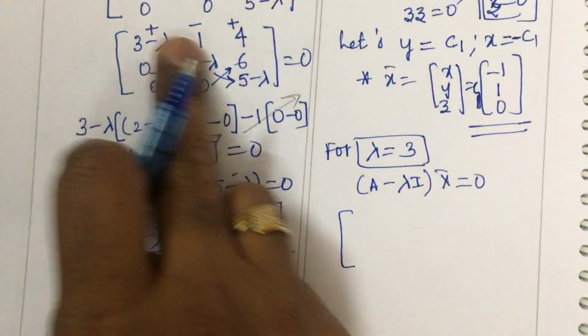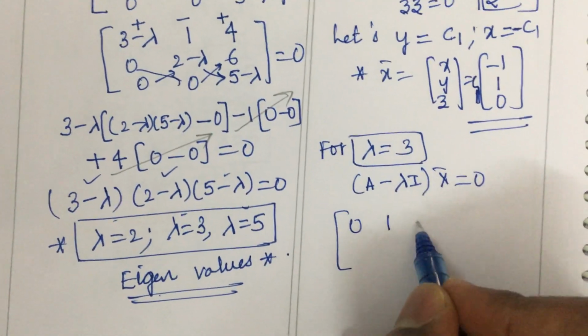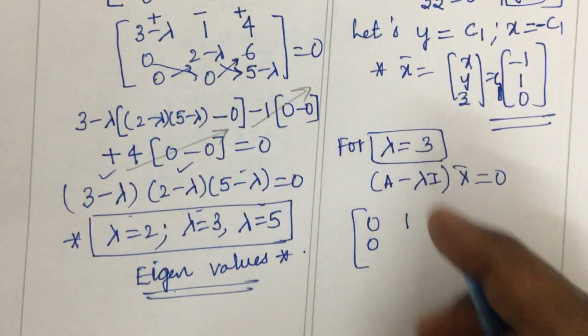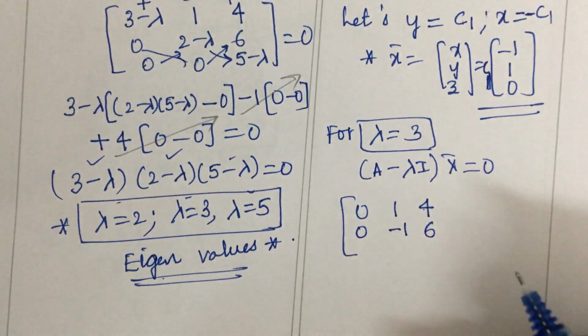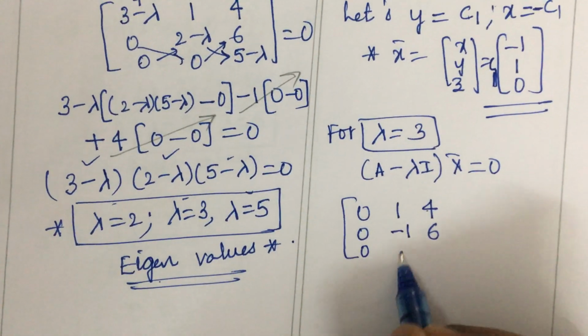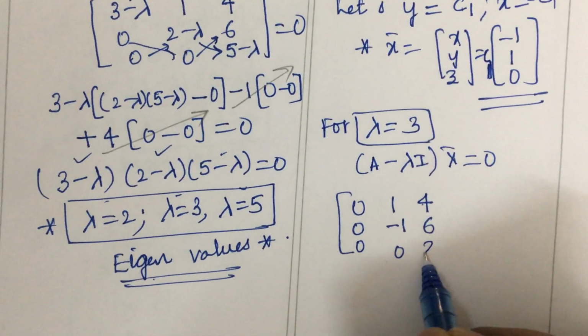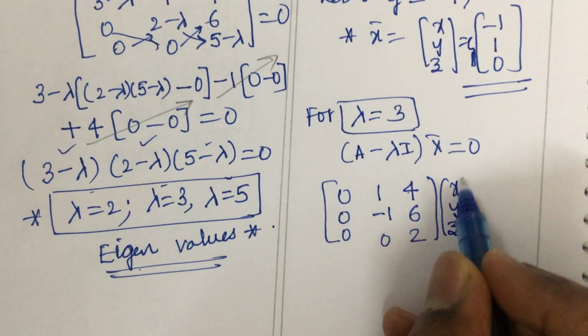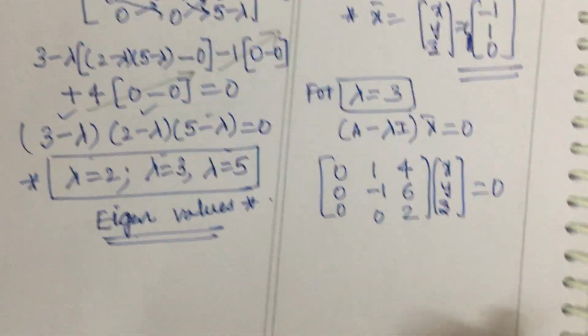So that becomes 3 minus 3 is 0 and 1, 4 and this is already 0. 2 minus 3 is nothing but -1 and 6, and these are already 0, and 5 minus 3 equals 2, into x, y and z. This matrix equals 0.